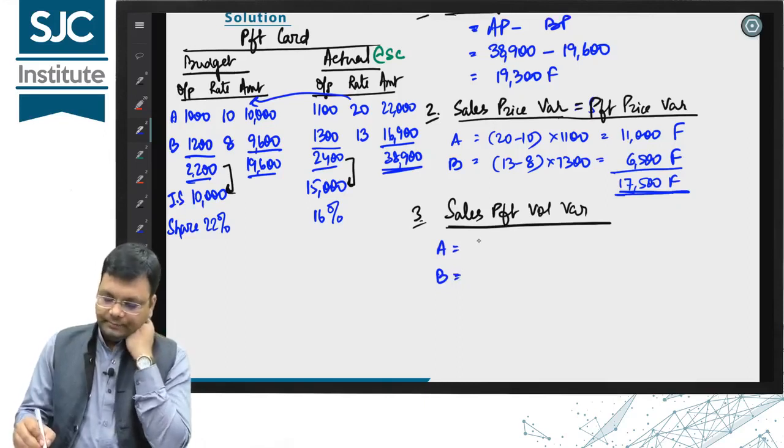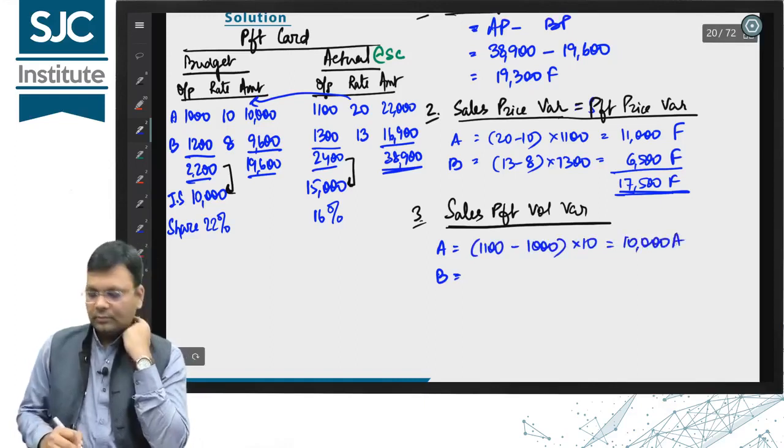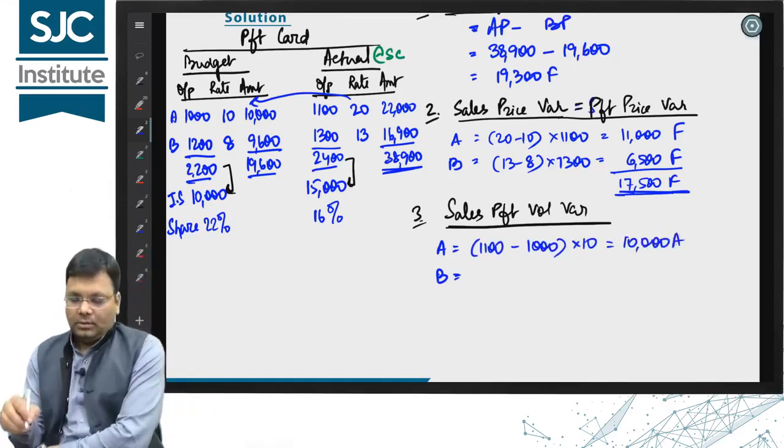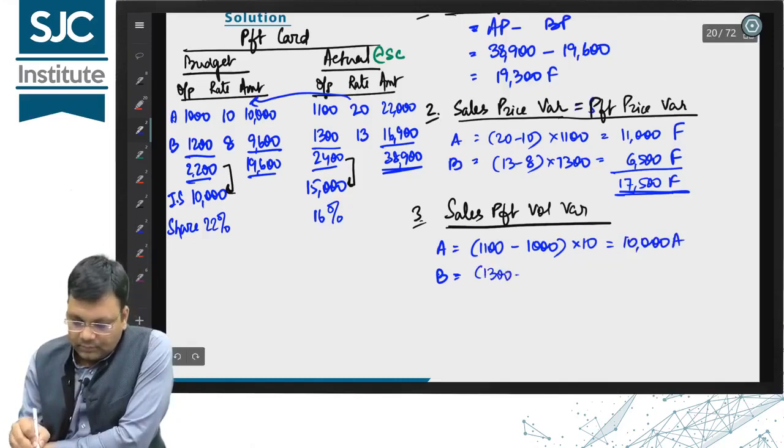A and B. 1100 minus 1000 into 10. 10,000 adverse. 1300 minus 1200 into 8.